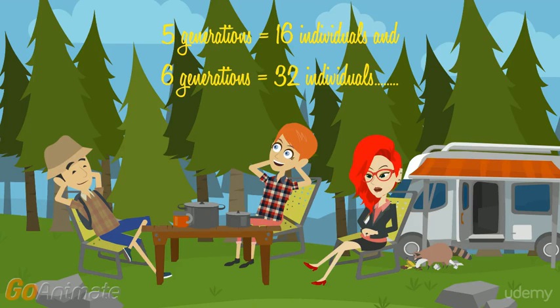That means if the width of your paper is 32 inches and you're including 5 generations, or 16 individuals, then each of the grid blocks will have a width of 2 inches.